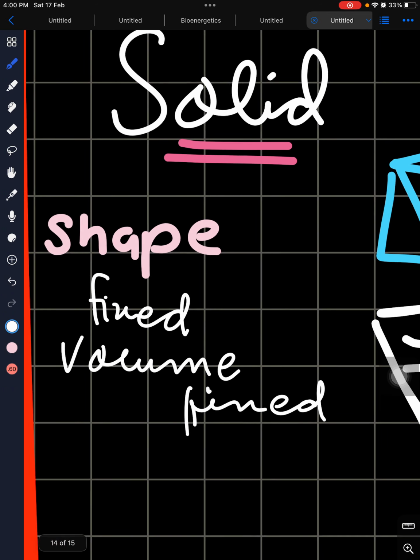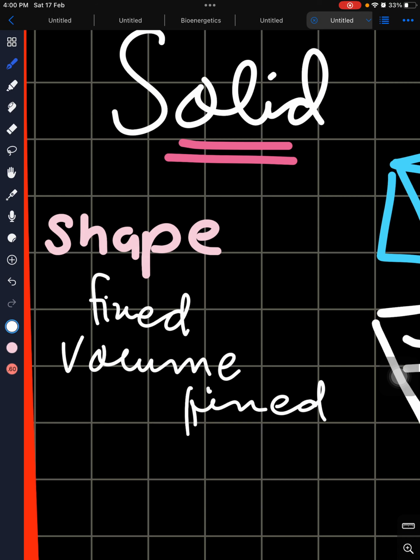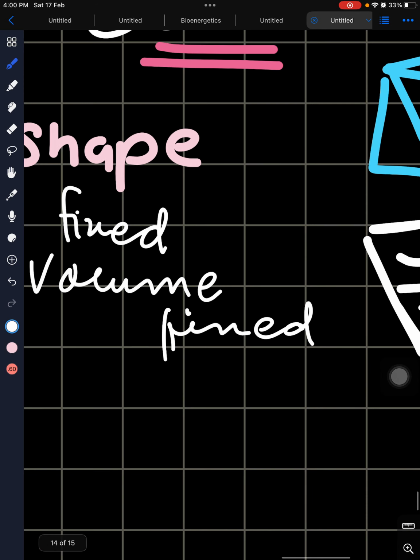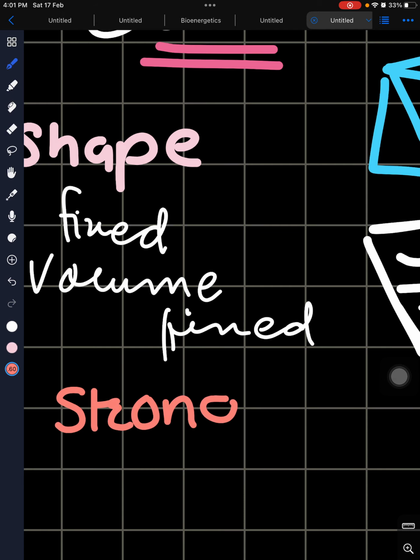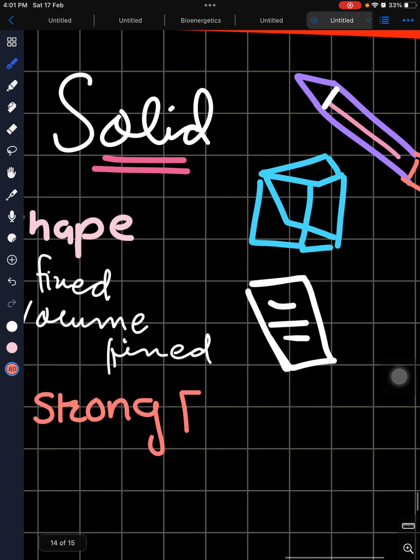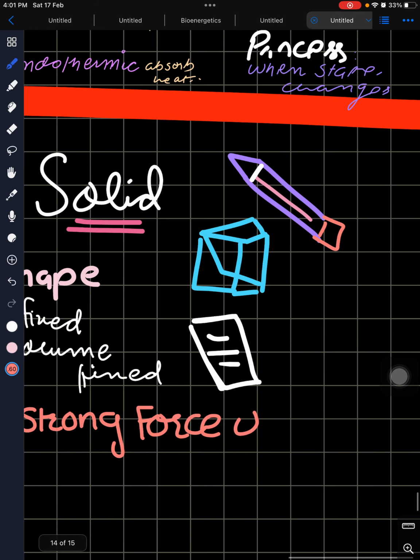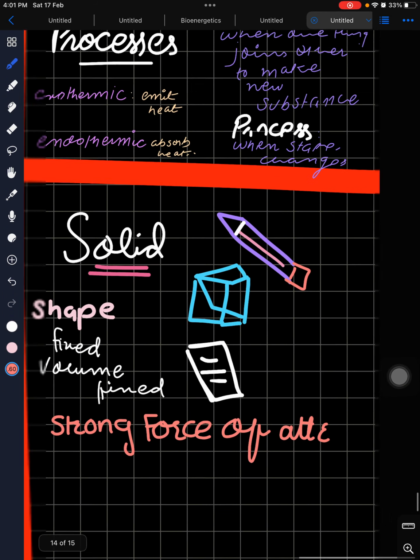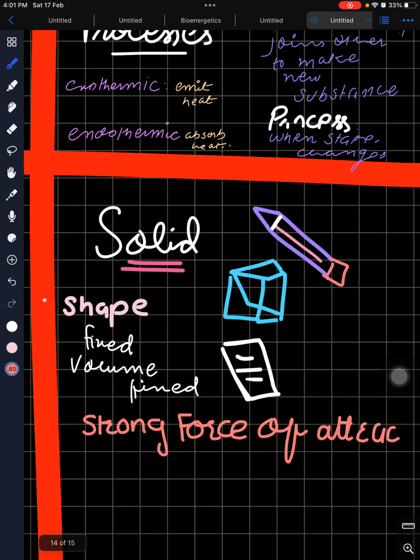After that, it has great forces of attraction. It has strong forces of attraction. What do you mean by strong forces of attraction?